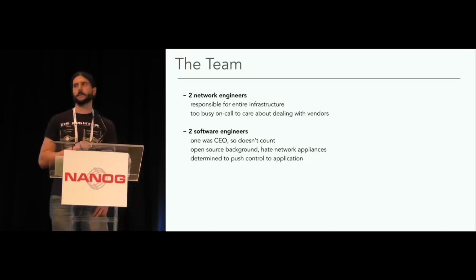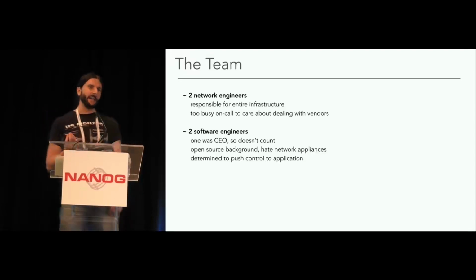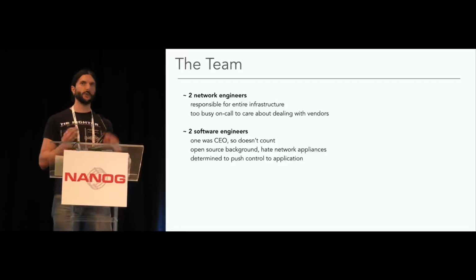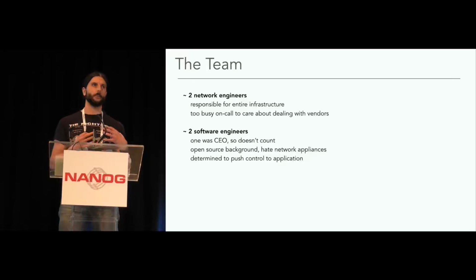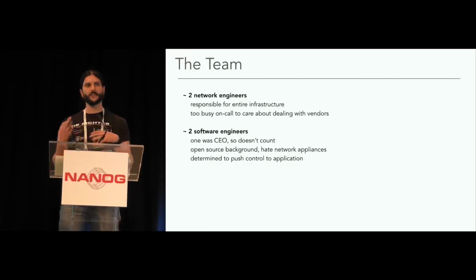And they both had an open source background and hated network vendors as a whole. And last but not least, they were determined to push the control of the network to the application. Usually you control the network from the network itself, like by setting policies or whatever. But we wanted instead to push that responsibility down to the application.